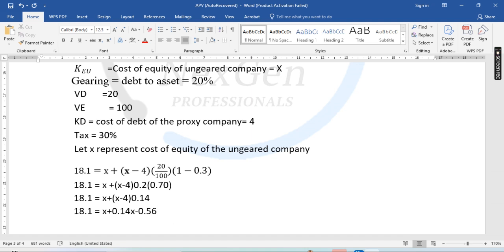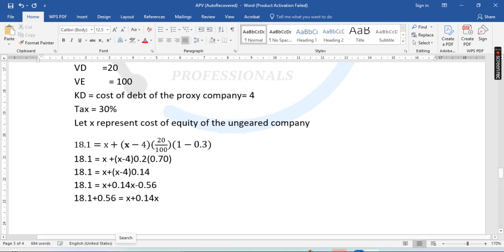So we can have 18.1, and it will not be minus, it is coming to this side. It will be plus because there is minus here. So it will be plus 0.56 equals x plus 0.14x.